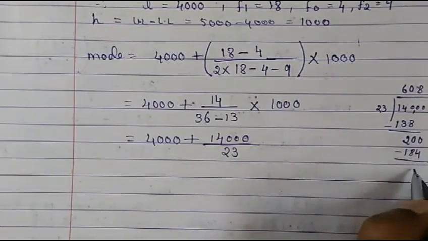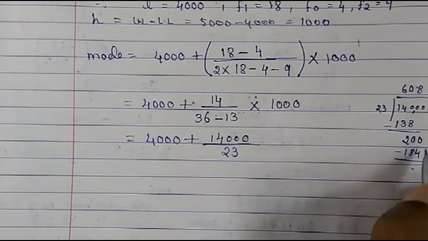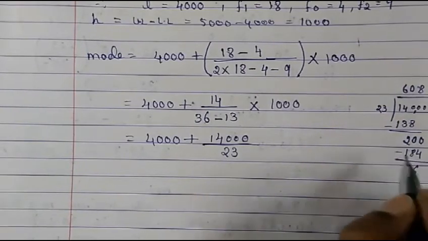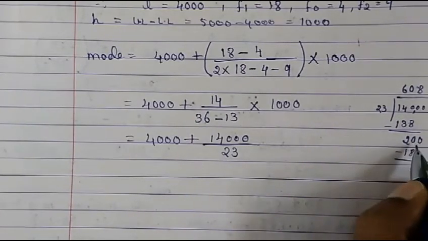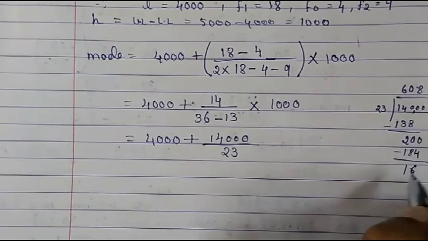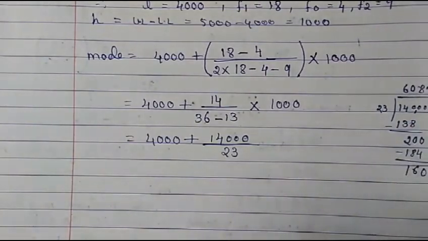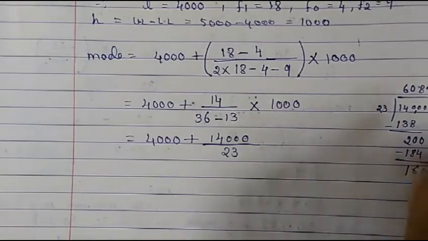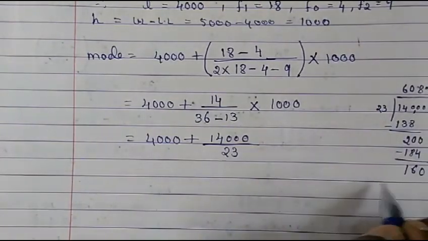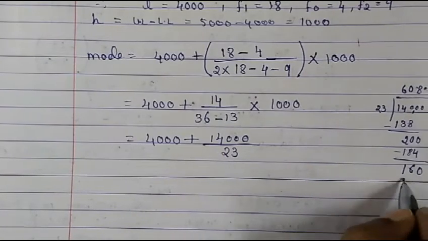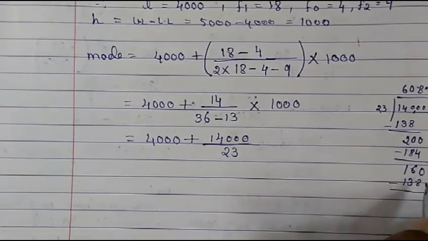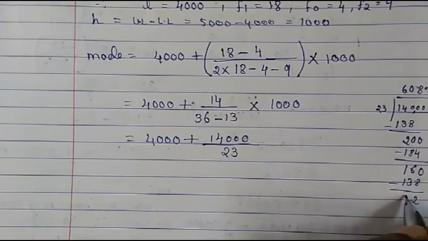When you subtract, we'll get 6. Then we add 0, so put the decimal, then again 6 times 23 will give us 138, then 252.